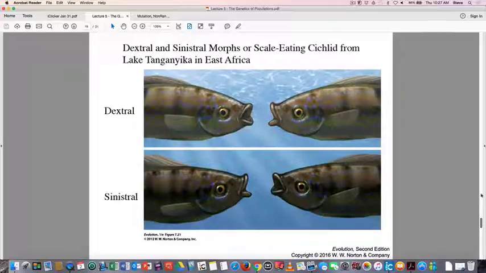Then when you look at these fish, same species, same lake, same populations, all schooling together oftentimes, it turns out one of them has what's called, the jaws aren't straight on, they're oriented to the right or left side. One of these is called the dextral, or right-sided, and sinistral, the left-handed, the sinister people. Left-handed people in general are sinister.